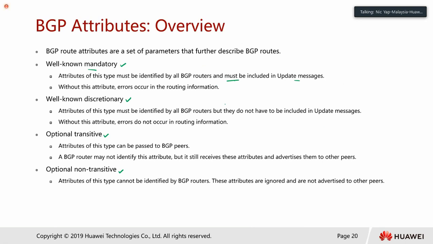We have origin, AS path, next hop. So these are the three well-known mandatory attributes that we need to make sure are inside the update message when you send. They must be included. Without these three, your routing information might have errors.